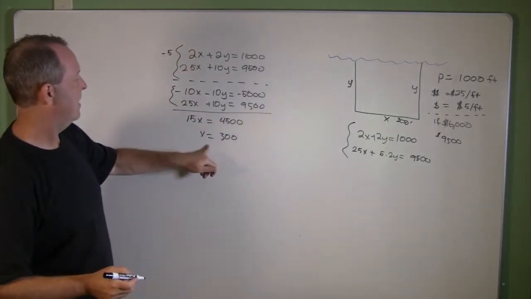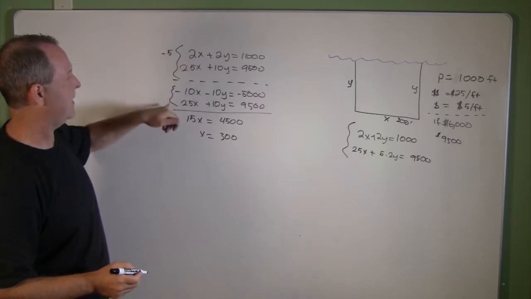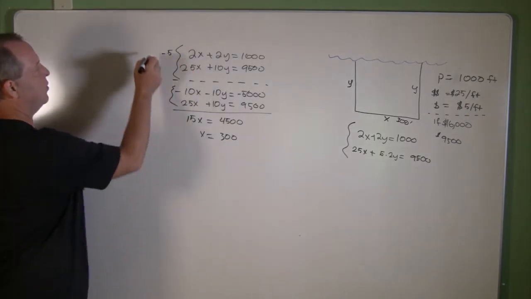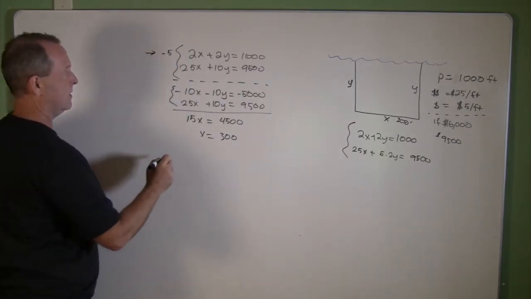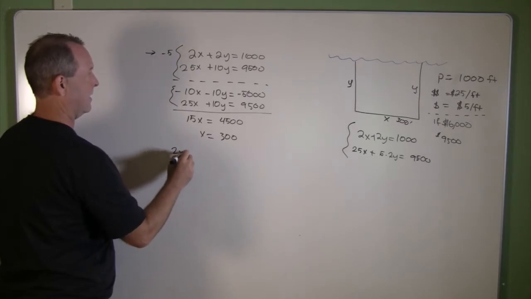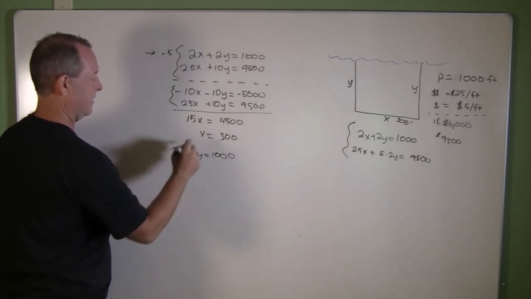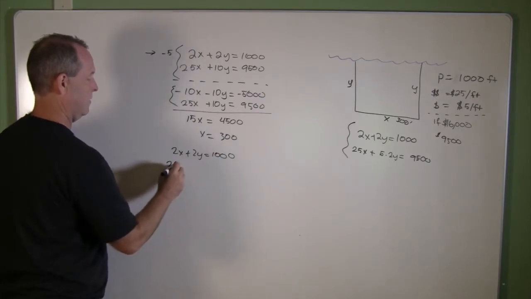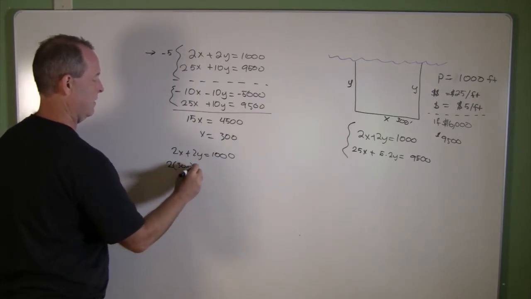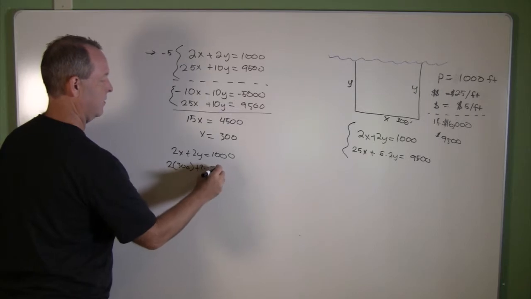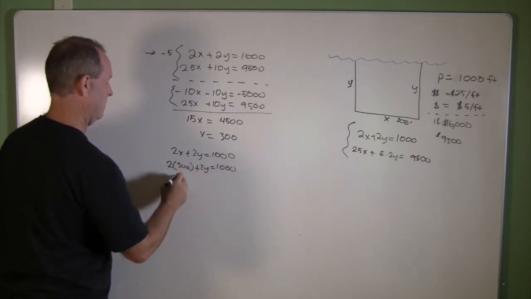From there, we need to figure out what its dimensions are over here. So let's plug this value into one of these equations. This one to me looks the easiest: 2x plus 2y equals 1,000. Substitute x in. 2 times 300 plus 2y equals 1,000. Solve.